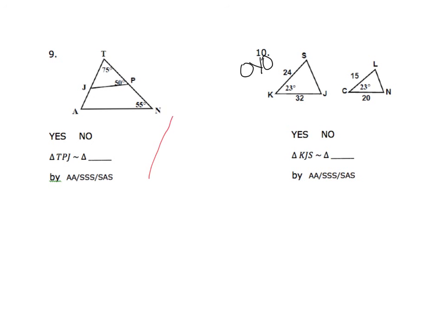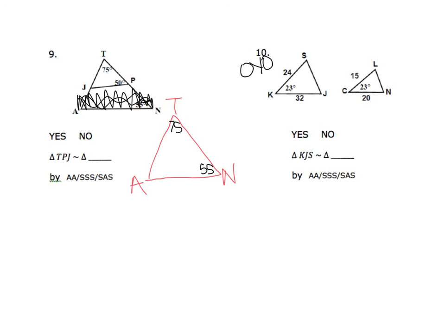Okay, so let's redraw the big triangle. Okay, so that's A, that's T, and that's N. And I know that's 55. And I know that's 75. Okay. So basically what I did was I just got rid of this bottom half for that picture. Okay. That's what we're looking at.